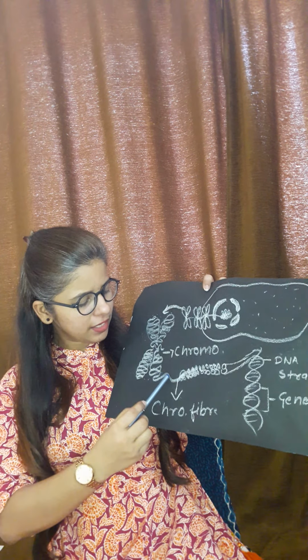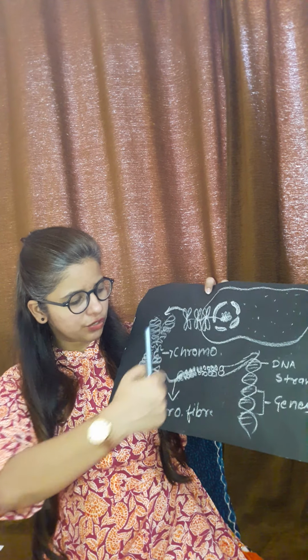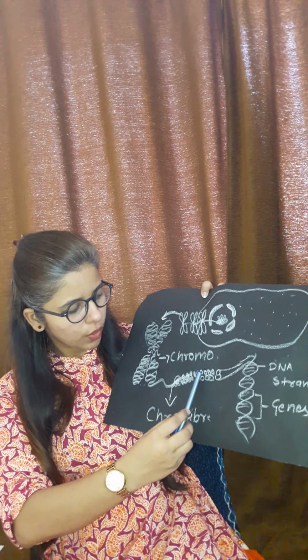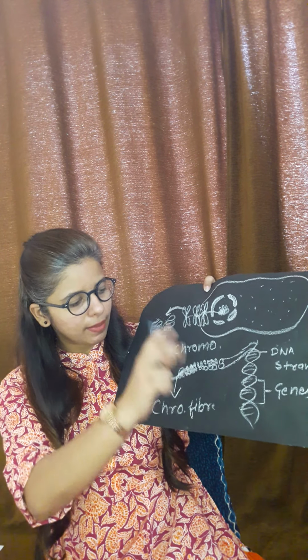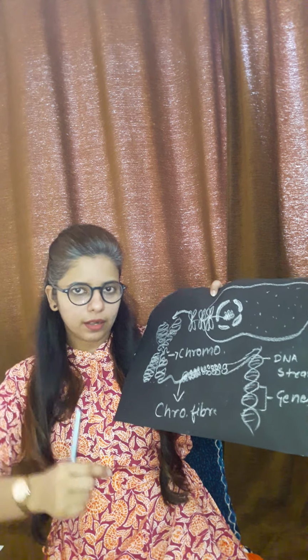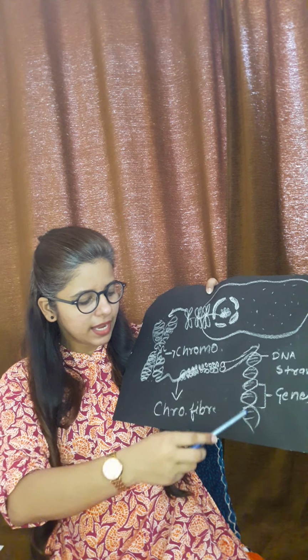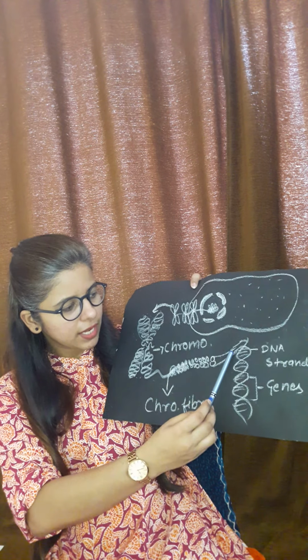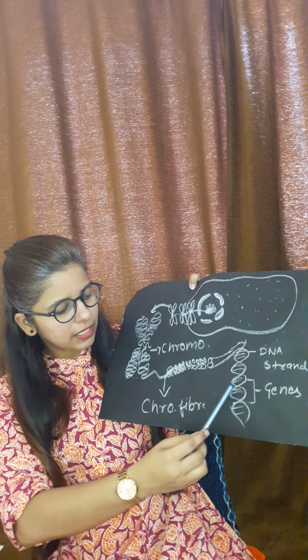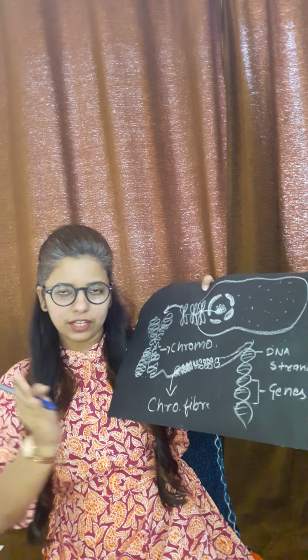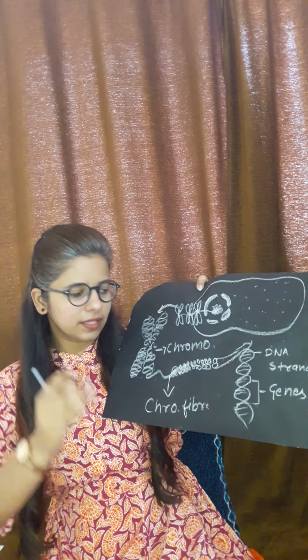When you make these chromatin fibers straight, when you stretch the chromatin fibers, you can find that they have double strands, meaning double ribbon-like structures of DNA. So chromatin fiber is made up of double strands arranged in a helix style.